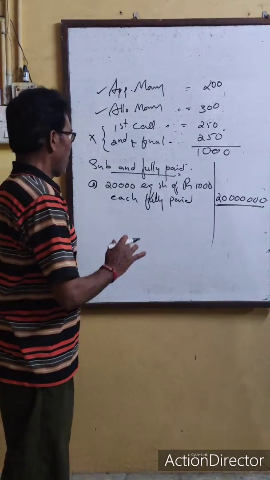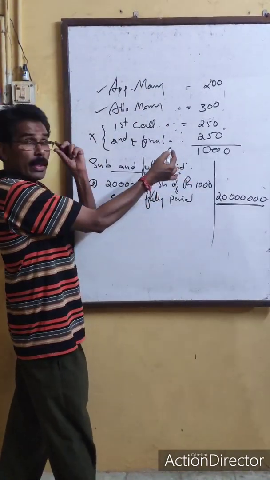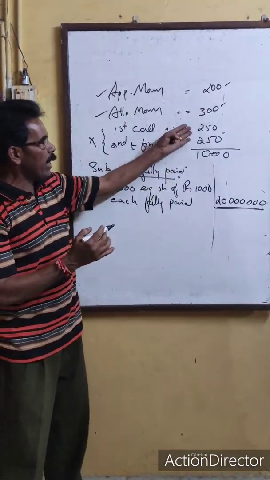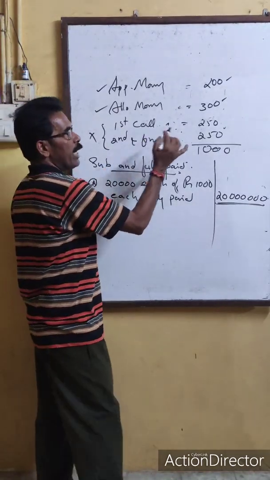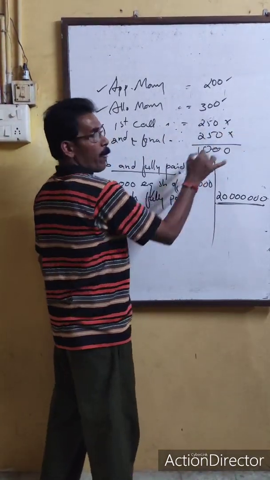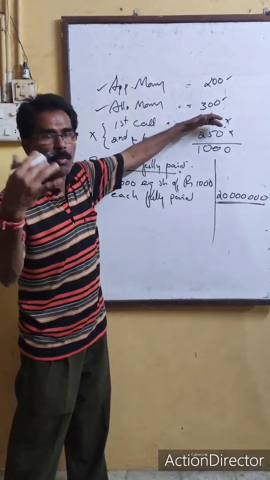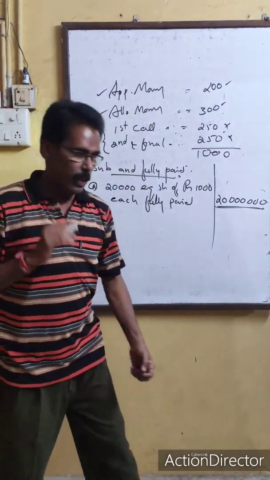Second category. The full 1000 face value is not collected. The company was in need of this 200 and 300, but the remaining amount they will call afterwards. At that time, the company didn't collect these two amounts. They are in need of the money as and when required, they will demand. So far, they have only collected 200 and 300.